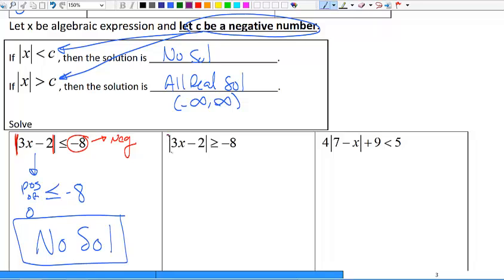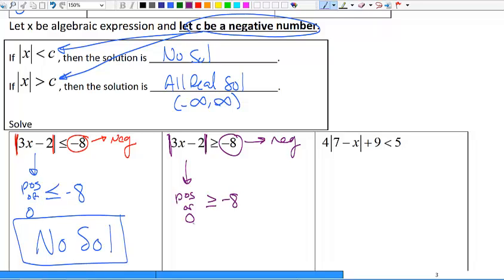Next problem. Are the absolute value bars all by themselves? Yes, they are. Next thing I ask, is this positive or 0? Well, no, it's negative, isn't it? So because it's negative, I know my answer is going to be all real solutions or no real solutions. I just have to figure out which one. You can just memorize it, or if you want to logic your way through it, whenever you take the absolute value of something, it's either positive or 0, correct? So then I compare this statement.